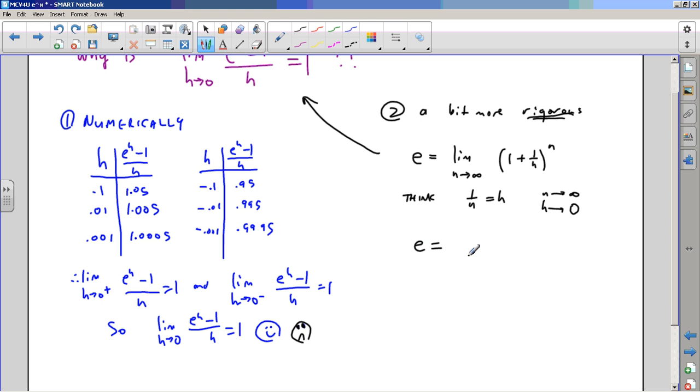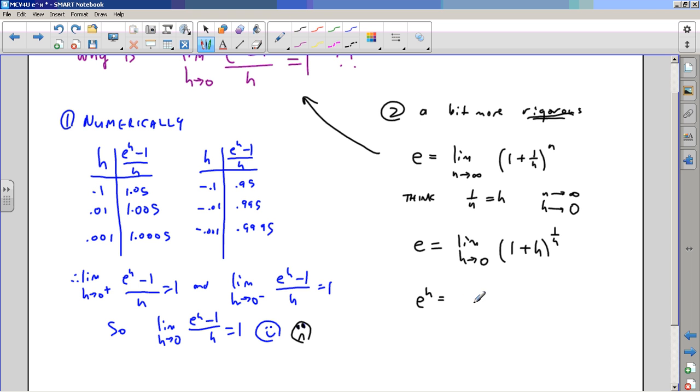Then e is equal to the limit as h goes to 0 of 1 plus h, and then all I have to do is flip both sides. This is 1 over h then, right? Well, I'm going to do something strange. I'm going to raise both sides to the power of h. Okay?